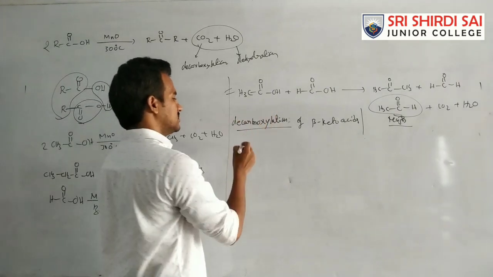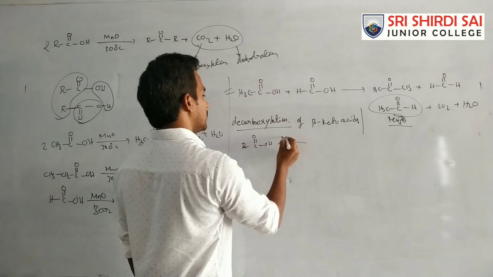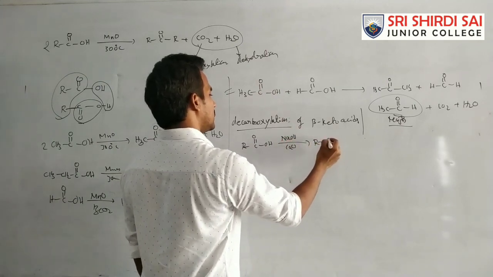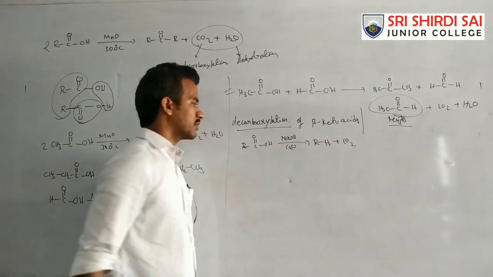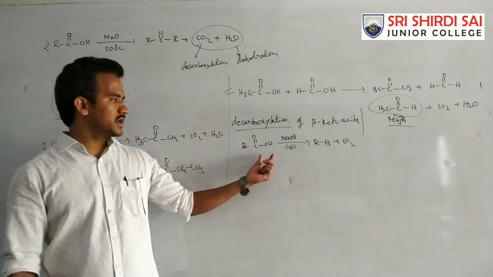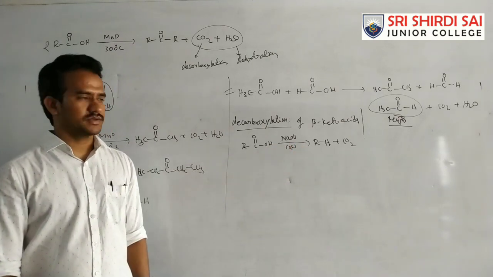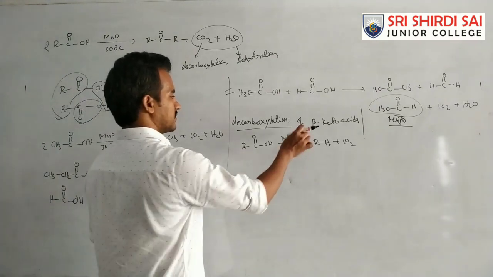It's a very important reaction. Generally carboxylic acids on heating with NaOH and CaO, soda lime, give the alkane plus CO2. This is decarboxylation. Carboxylic acid on heating with soda lime results in decarboxylation.